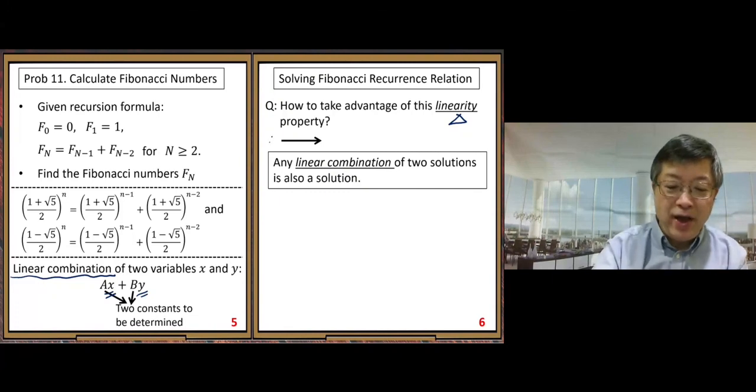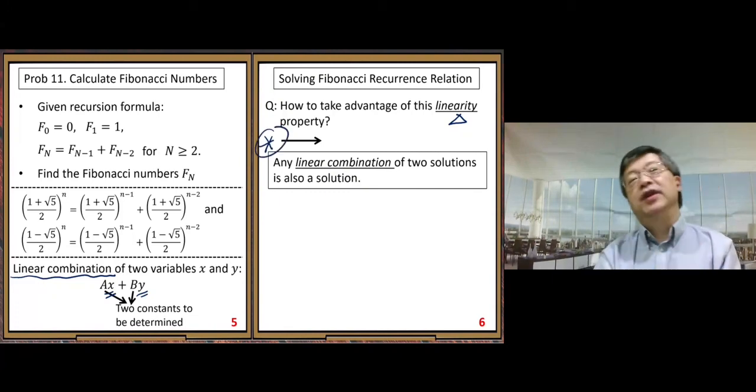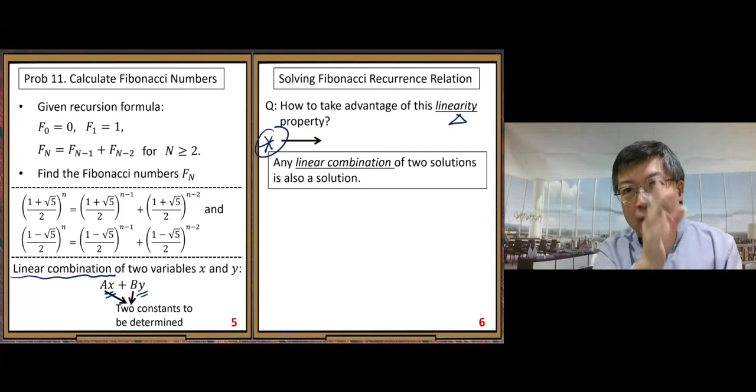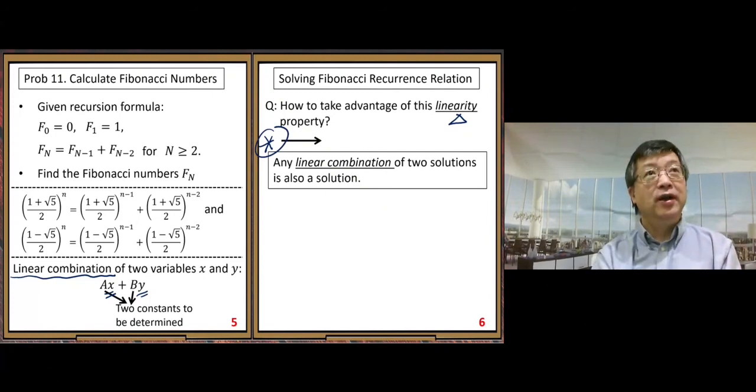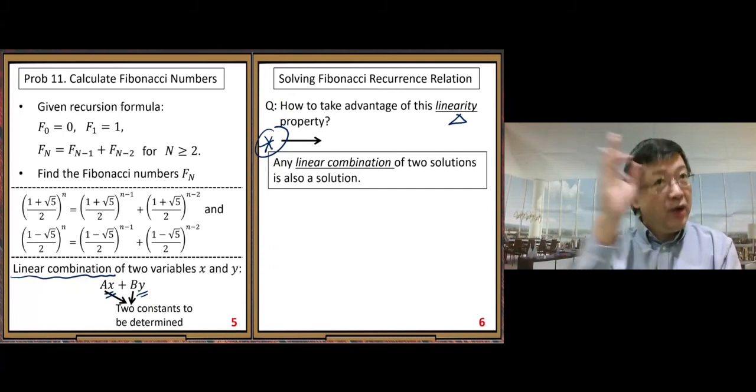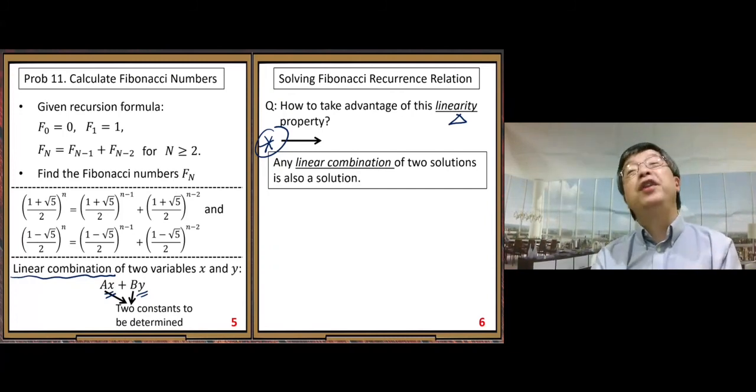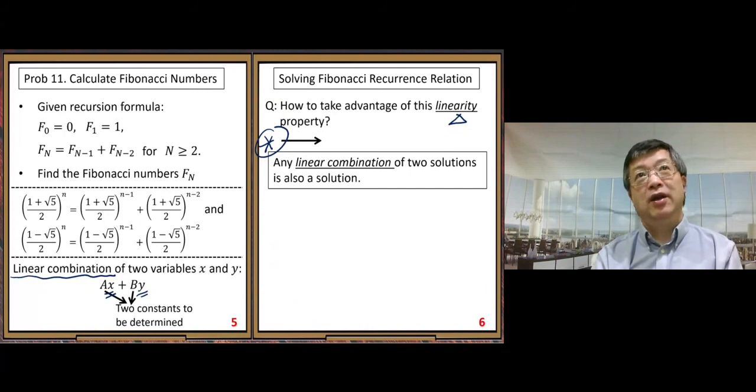That's the best thing we can get from the linearity property of the linear equation. All linear equations have this property. Why do we call it a linear equation? Because it satisfies the linearity property.